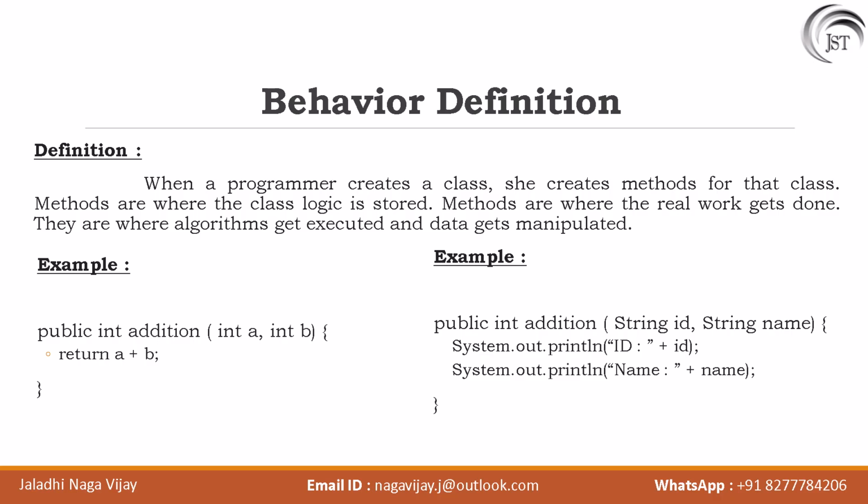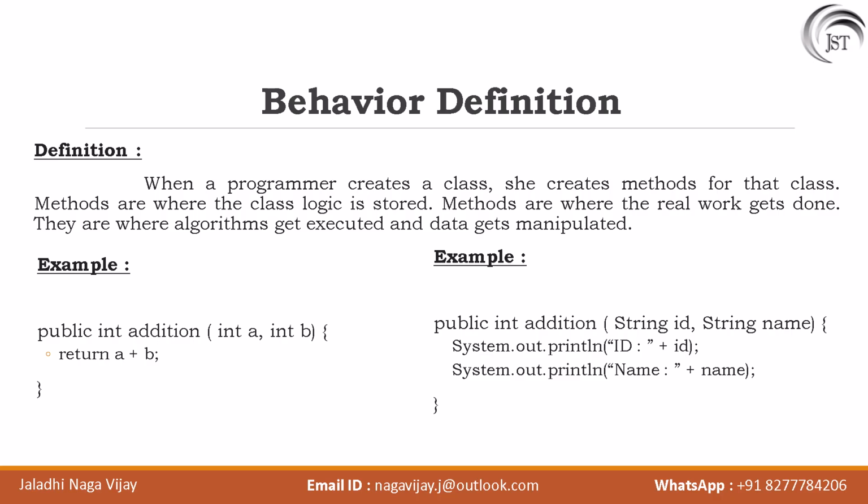Addition is the method name. Int A, int B are the parameters, which type of parameters we are passing. Return A plus B is the body of the method, that means what is inside the open and close brackets.